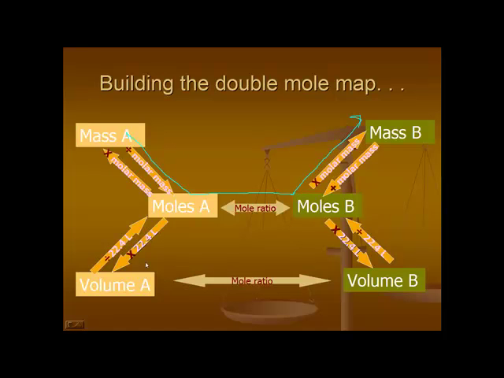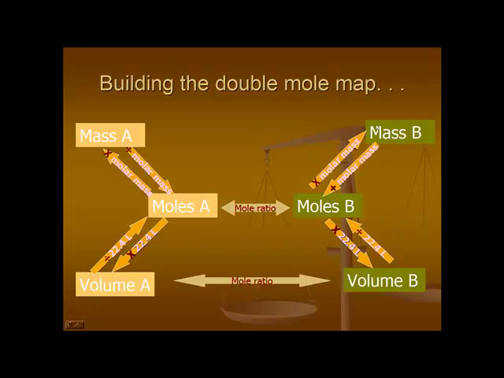for the new substance. We can also throw volume in that mix, provided we're talking about gases at standard temperature and pressure. Remember, 1 mole of a gas was equal to 22.4 liters. So I could also go from the volume of a gas, figure out moles, bridge to a new substance, figure out the mass.